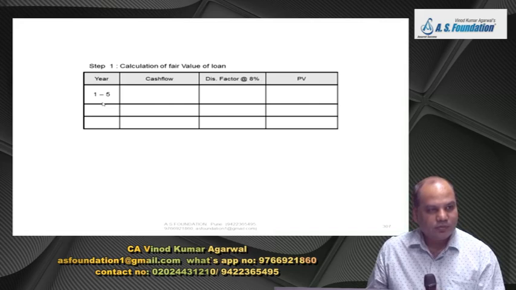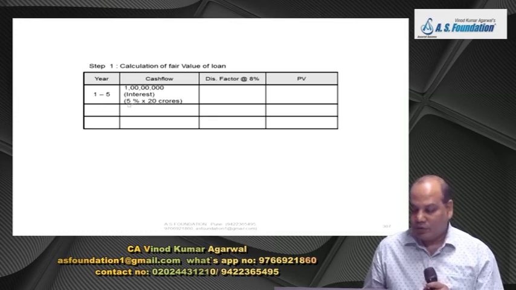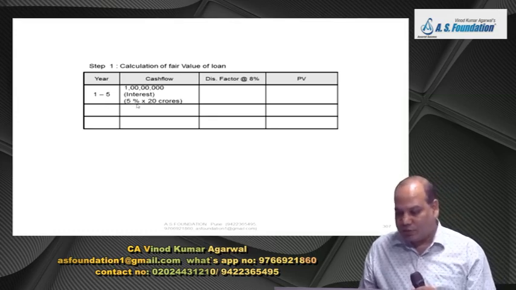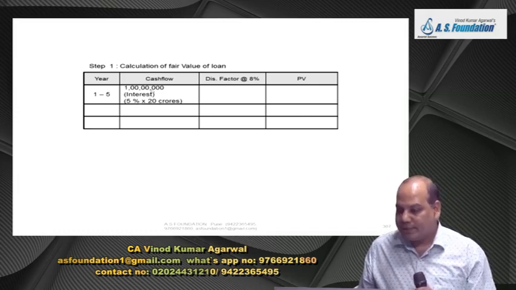For years 1 to 5 you can write, because for the first 5 years there is only interest. 20 crore into 5%. How much is that? Is it 1 crore? 1 crore. You can write in crore, or you can write all digits also. Choice is yours.